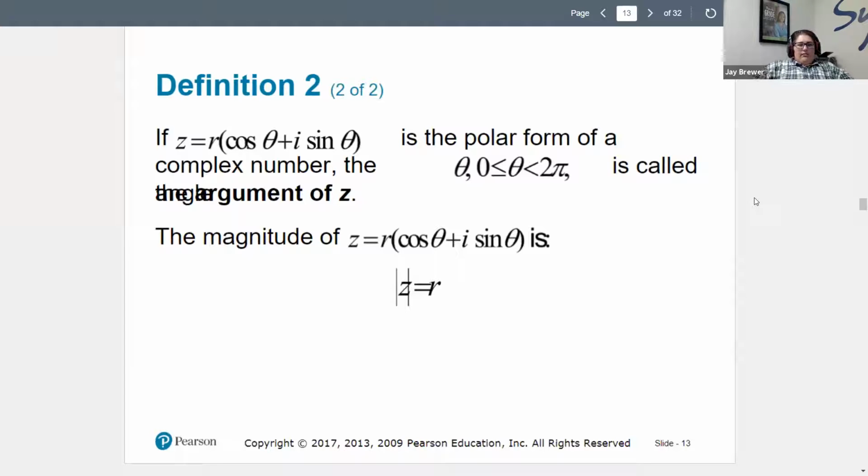So this is saying if z equals r cosine theta plus i sine theta is the polar form of a complex number, then theta is called the argument of z. And then the magnitude would just be the absolute value of z is equal to r. I knew it was going to be something like that.